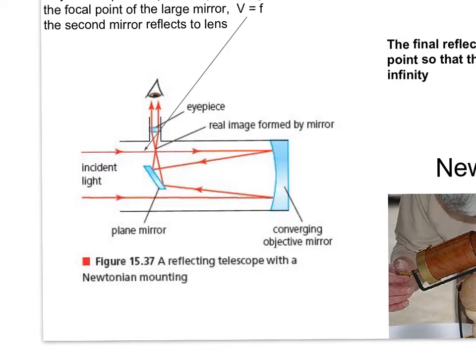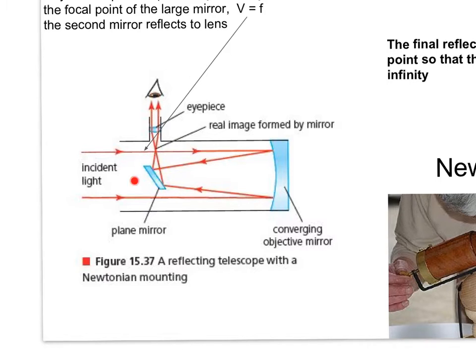Now, that produces a real image, which is then focused through a small eyepiece lens. It's important to note that the rays arrive parallel because they're far away, and the initial image is focused at the focal point of the large mirror. So we have something happening here. This is where our image is being focused.